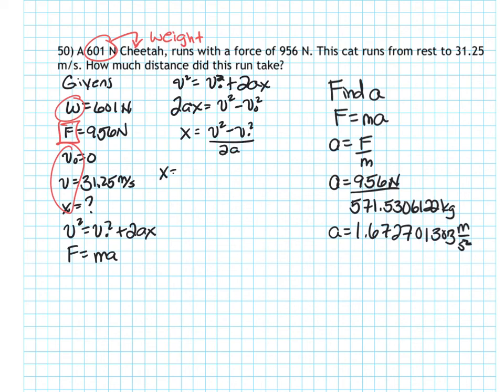So x is equal to final velocity squared, 31.25 meters per second squared, minus initial velocity squared, which is 0, that's easy. All that divided by 2 times a, so that's 2 times this long number that I just calculated, 1.672701303 meters per second squared.